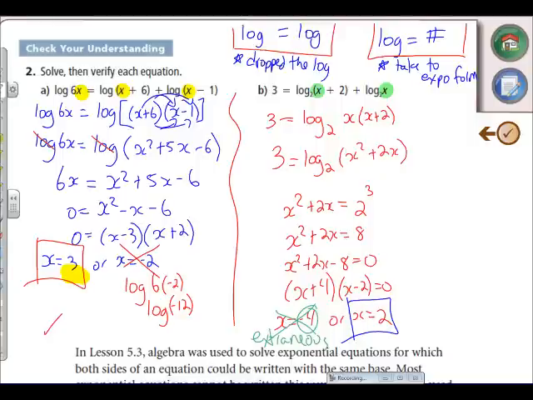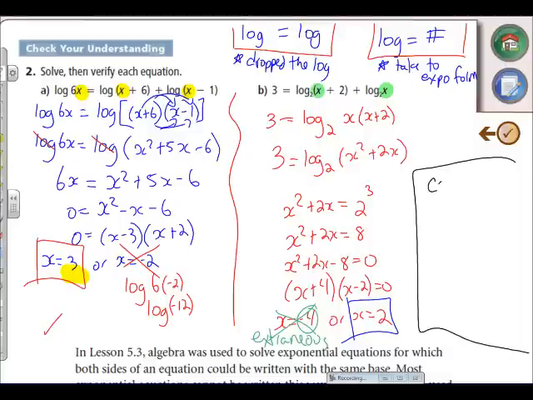You can also verify by plugging it into your calculator, left side, right side, looking for the intersection points. Your calculator will only give you the ones that work. Your calculator cannot get your extraneous. If you're asked for an extraneous solution, let's say on your diploma exam, part 2B, same question, the only way to find it is through the algebra.